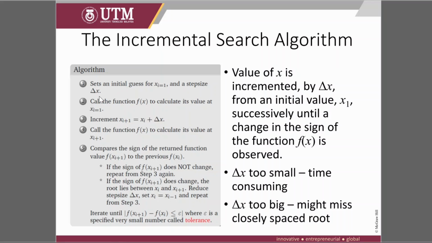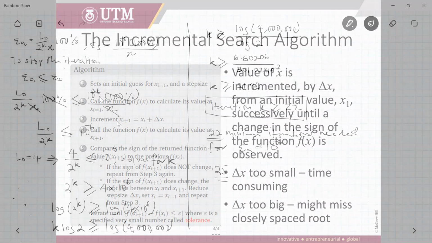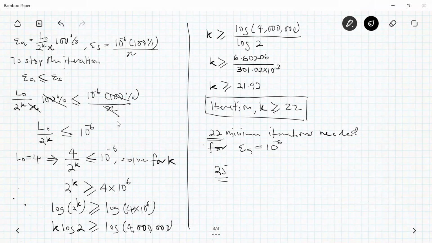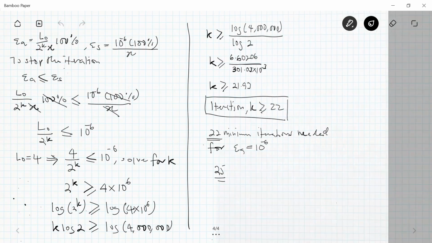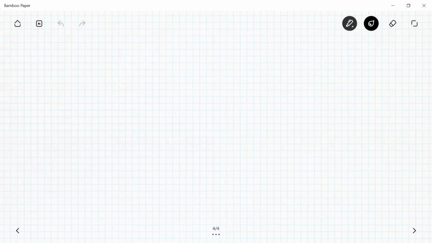So let's try to do our problem again, for the incremental search method.